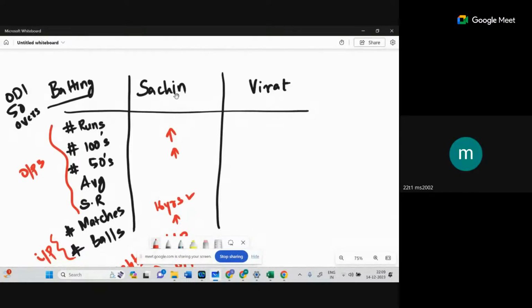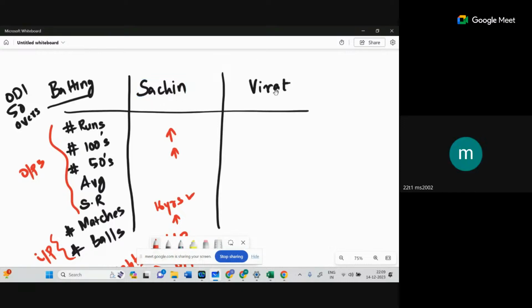For the metrics on which Sachin is trying to maximize his efficiency, you compute those weights, and with those weights you compare Virat. If Virat also gets an efficiency of 1 on Sachin's metrics, then you say Virat is efficient when compared to Sachin, because you are comparing Virat on Sachin's metrics.